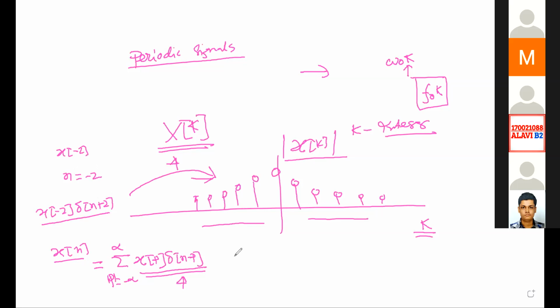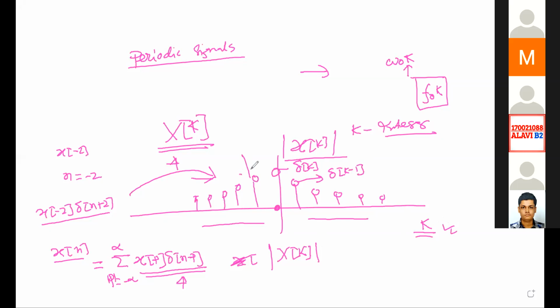In this case, this xk sequence, the magnitude of xk, this is a sequence with respect to k, will have a value, for example, at k equal to 0. That value can be written as delta k. Similarly, this value can be written as delta k minus 1.